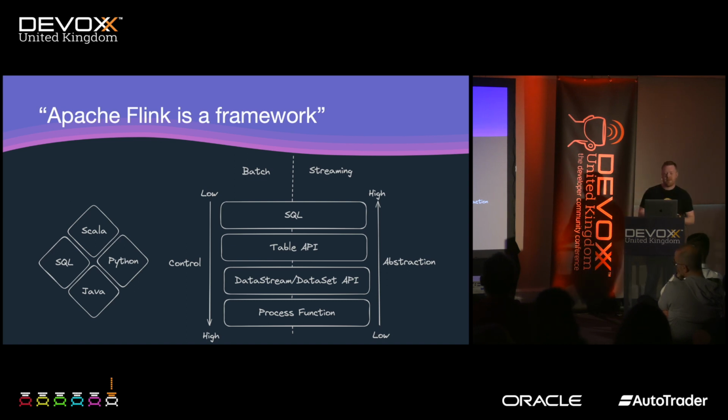And then at the bottom level, you have a process function, which is just a callback, and you implement a class and you do all the work. And obviously with this, you have control and abstraction. So if you go to the top, you have less control, higher abstraction. You may find, oh, I can't do exactly what I need, so I need to move down the stack. So that's a standard trade-off with any programming.